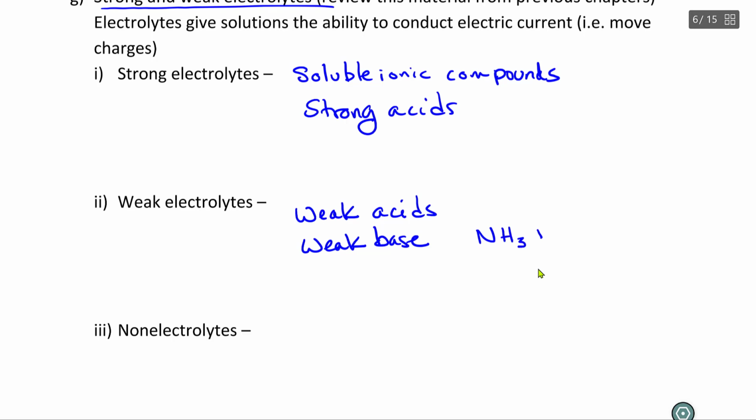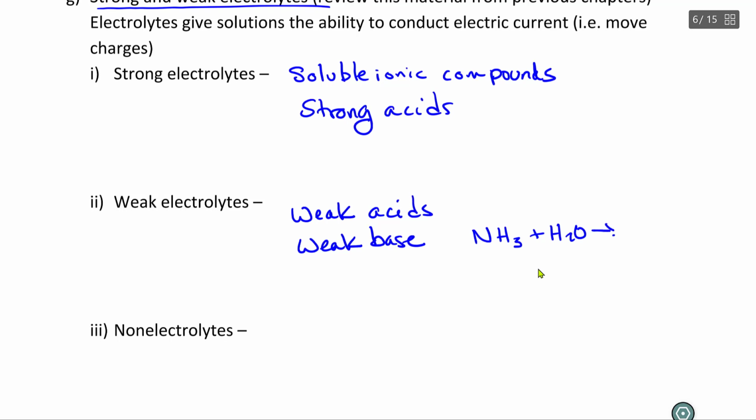Ammonia is a weak base, and when you combine it with water, it forms ammonium ion. This is a reaction I wrote earlier, plus OH-, like this. Again, thinking about equilibrium, roughly 99% of it is like this, and 1% is like that.